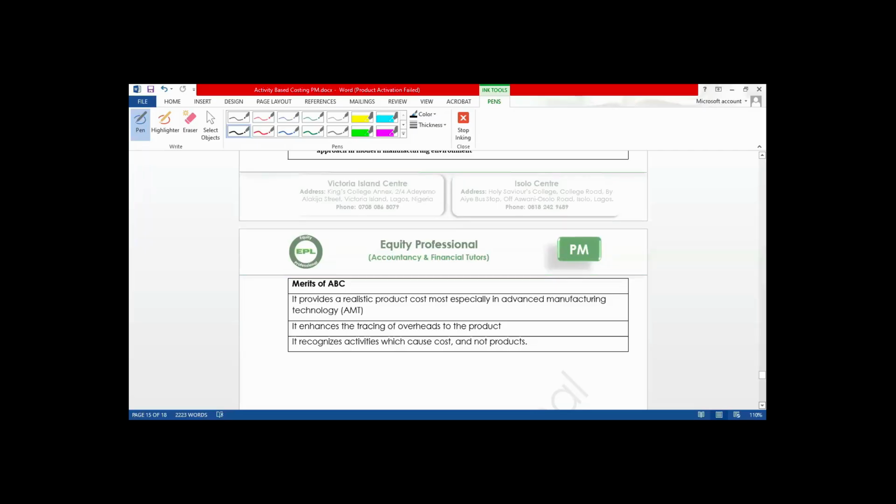It can lead to appropriate product costing. If you look at modern manufacturing environments, this environment is largely driven by technology, not labor hour, not labor force.